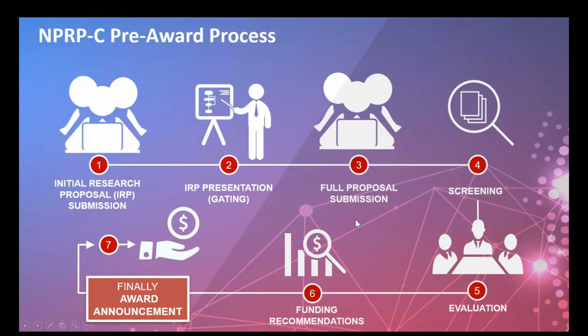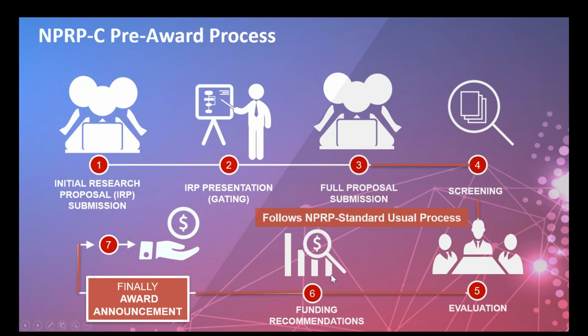Once we receive the full proposal, it goes through our usual process: the screening process at QNRF, evaluation, then funding recommendation, and at the end we will have the award announcement. So if you are aware of our usual NPRP standard process, these steps follow the same process.